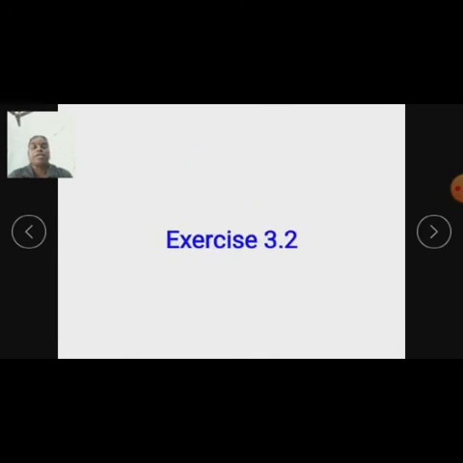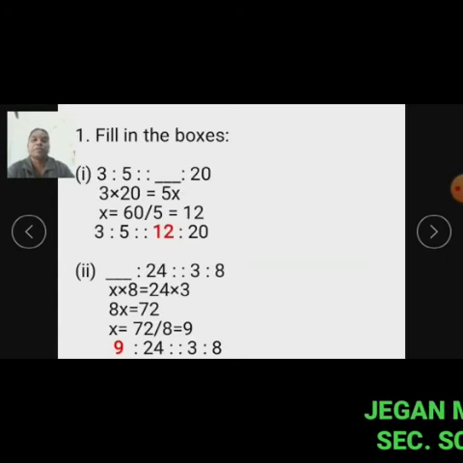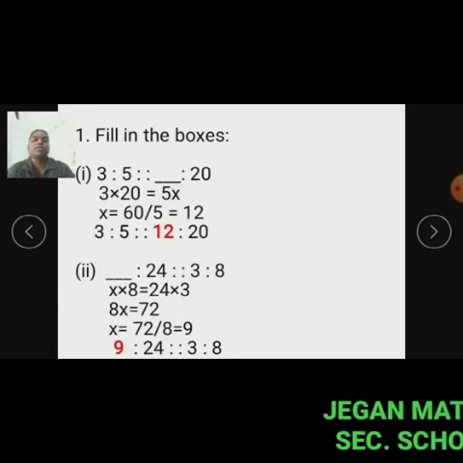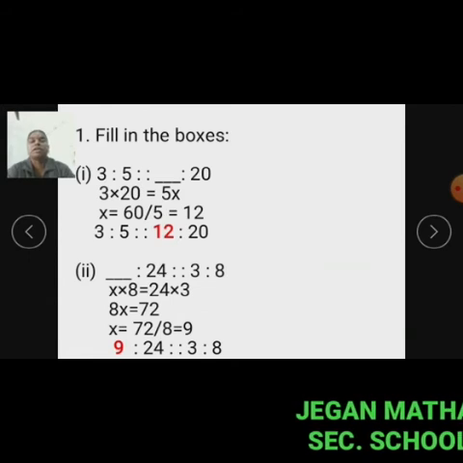Now I am going to explain the sums given in exercise 3.2. Question number 1, fill in the blanks. Subdivision 1, 3 is to 5 is proportion to dash is to 20.